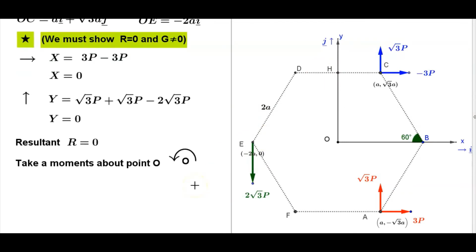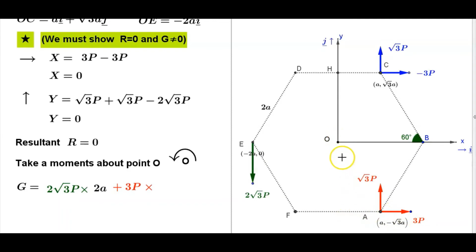Take moments about point O. That is G. The 2 root 3P force acts in this direction, to the right-hand side, at this distance, 2a, so 2 root 3P into 2a, plus here 3P into the distance from here to here.